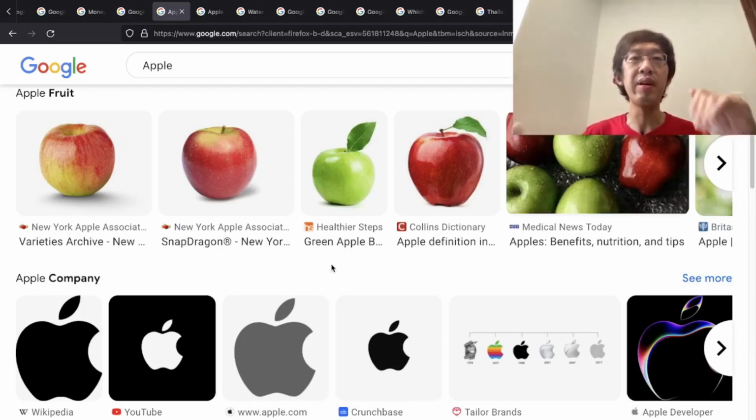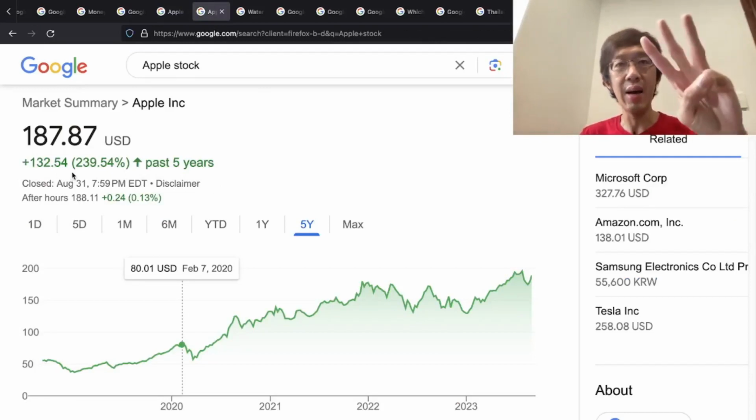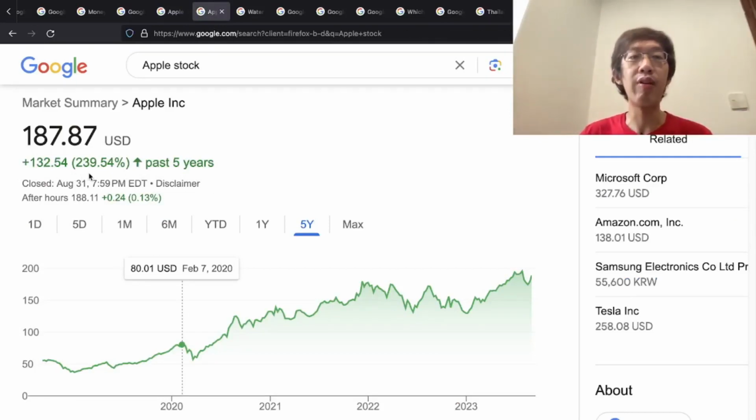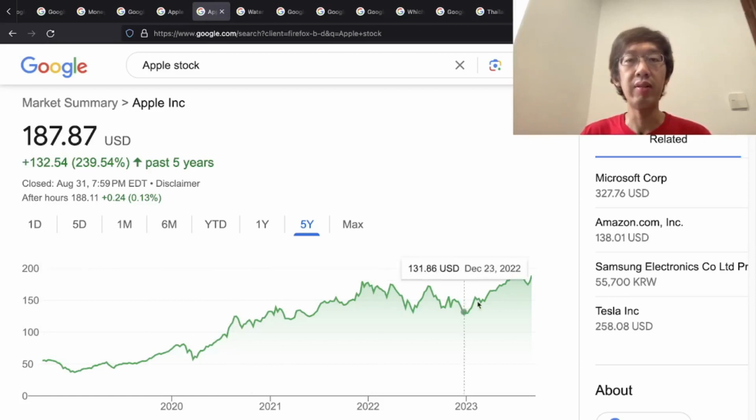Because so many people want Apple products, Apple stock price has been increasing in the past 5 years over 3 times, 239.54%. Apple stock price on September 7, 2018, was only 55.33. Right now it's 187.37.